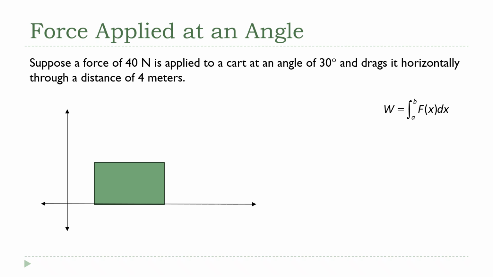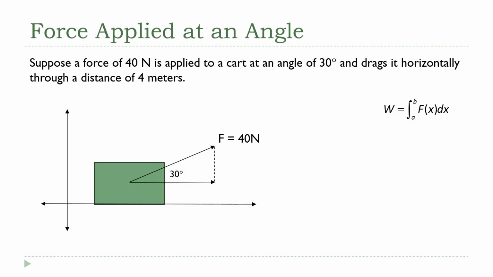What makes this situation interesting is that the force isn't acting in the direction of the motion. Only that portion of the force that's moving the cart along the ground is considered to be doing work. So to answer this question, we have to find the magnitude of that force. We can do that by constructing a right triangle and decomposing it into its vertical and horizontal components.